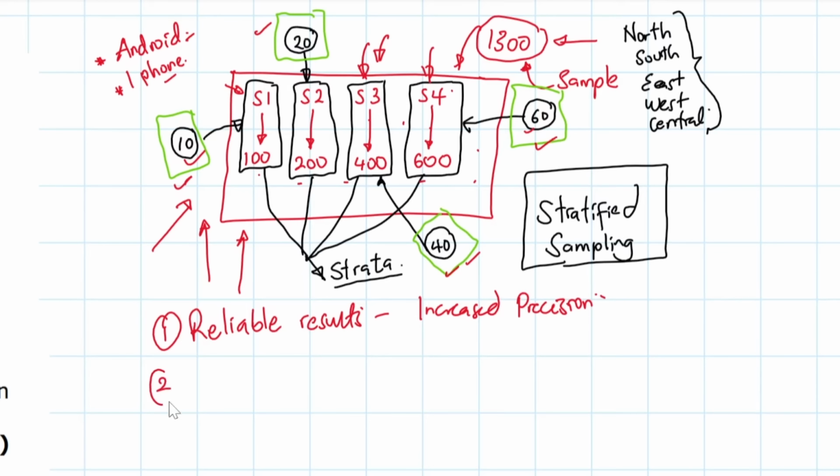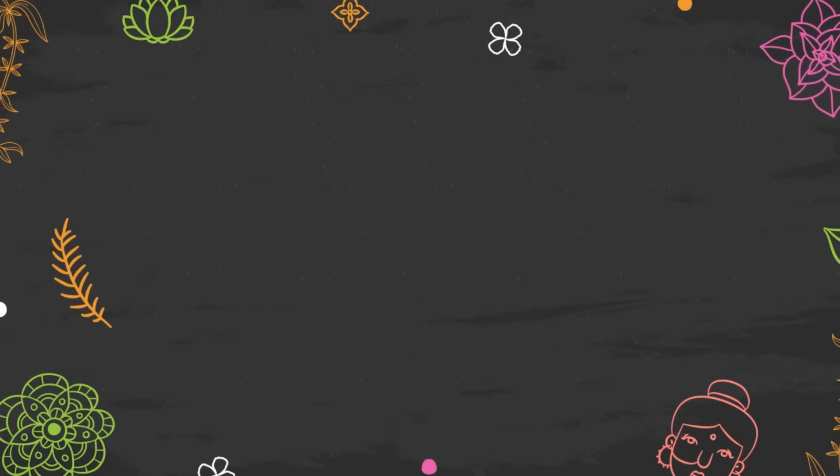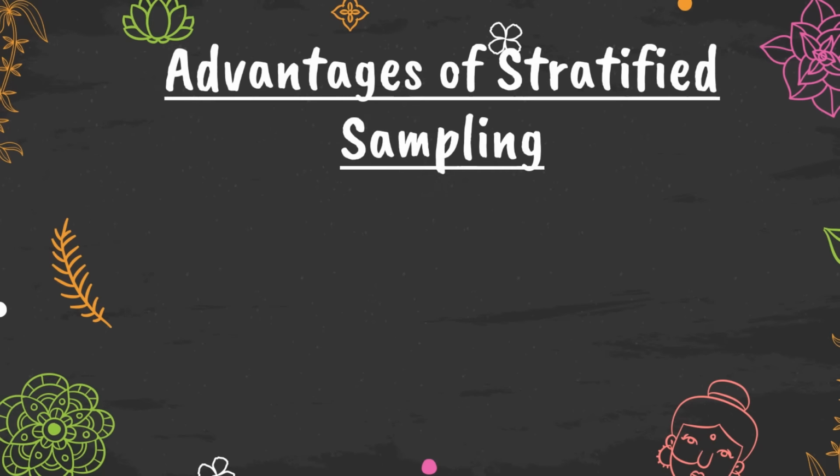The second advantage is adequate representation. We have adequate representation of the entire population because we have divided it into subgroups and each group has been represented in the sample.